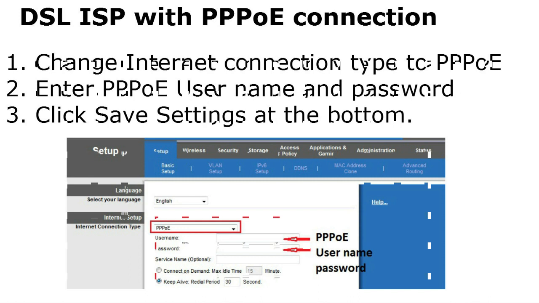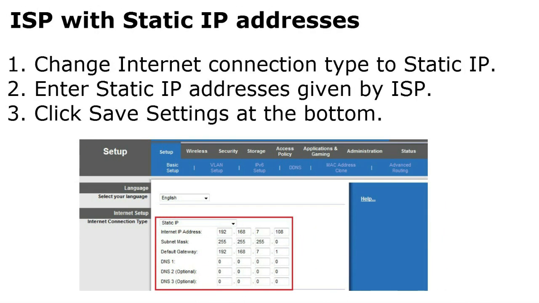Then click on save settings. Now for an internet service provider which gives you static IP addresses, change the internet connection type to static IP. Enter the static IP addresses given by your internet service provider. It will be internet IP address, subnet mask, default gateway, DNS1 and DNS2, and after that save settings.